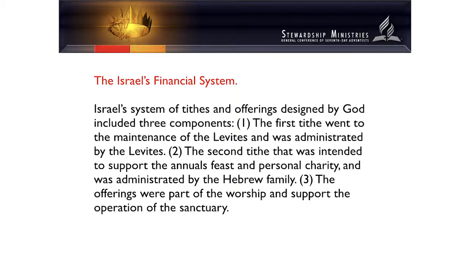Israel's system of tithe and offerings designed by God included three components. Number one, the first tithe went to the maintenance of the Levites and was administered by the Levites. Number two, the second tithe was intended to support the annual feasts and personal charity and was administered by the Hebrew family.